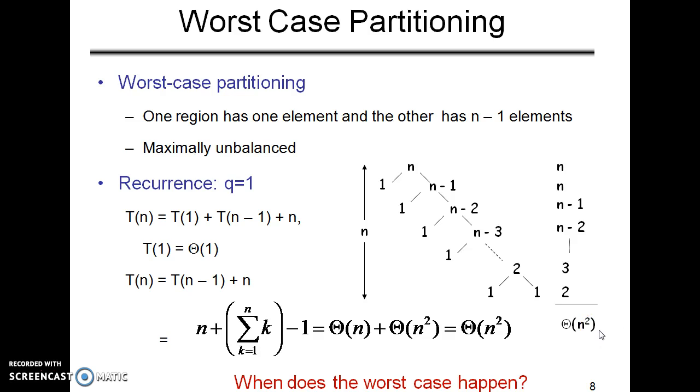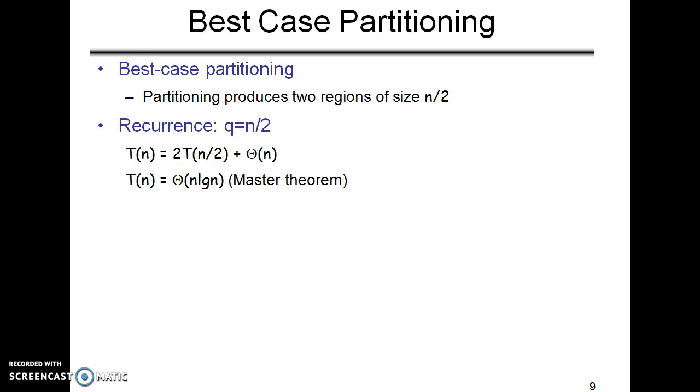When does the worst case happen? When the list is already sorted and we choose the pivot element as the leftmost element of each partition, we get the worst case time complexity of quicksort as theta of n square.